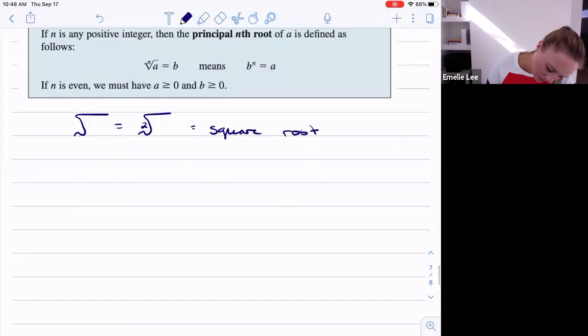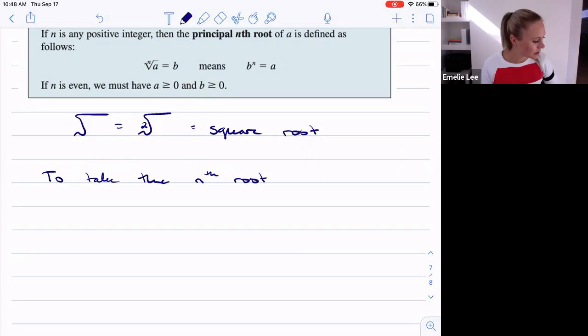Okay. And so to take the nth root, well, I can't remember if there's a, no, it's just a square root button. Okay, so that's good.